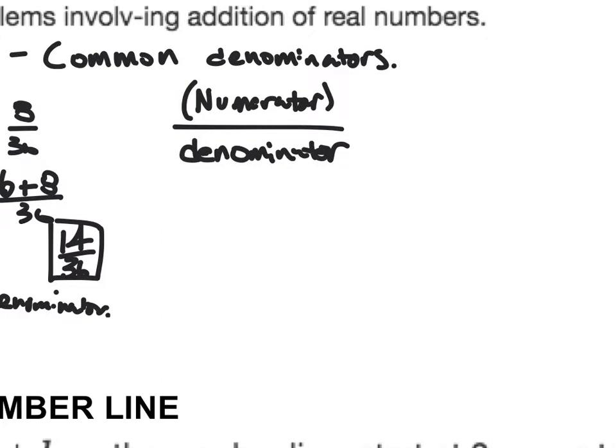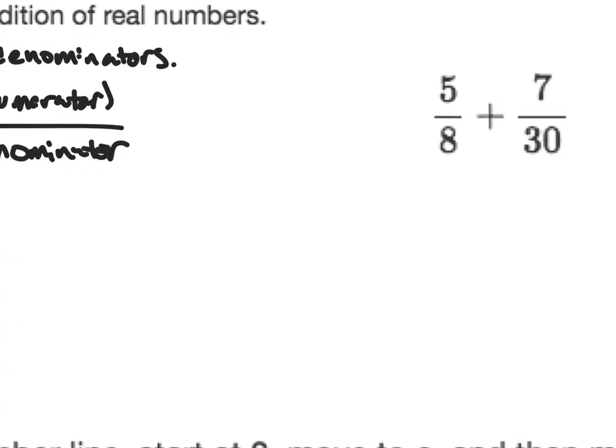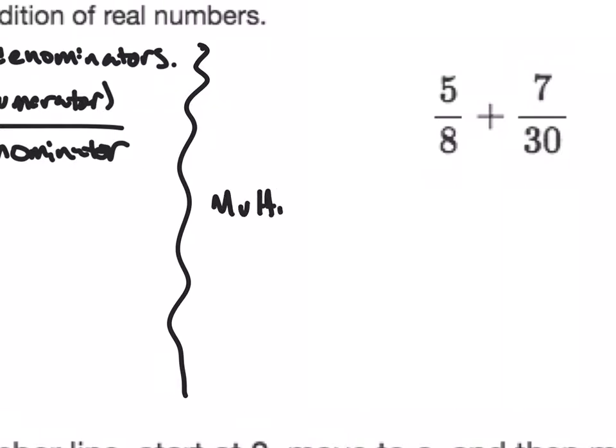Okay, let's do the next one real quick: 5/8 plus 7/30. I'm going to move over here a little bit and make some room, and I'm going to do the multiples of 8 and then of 30. This is going to get a little interesting.